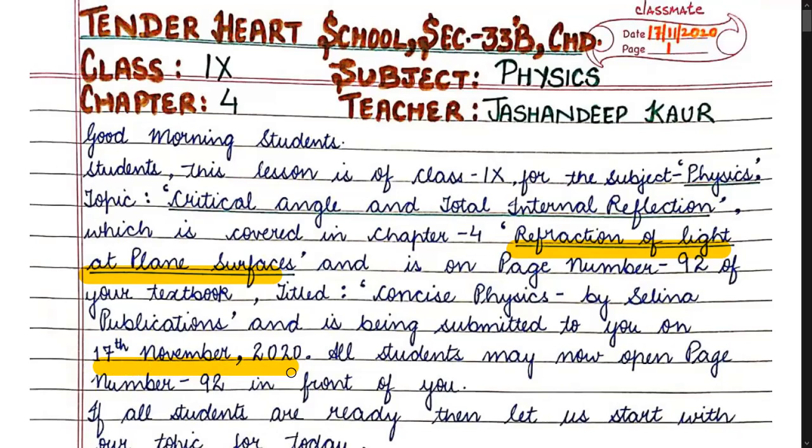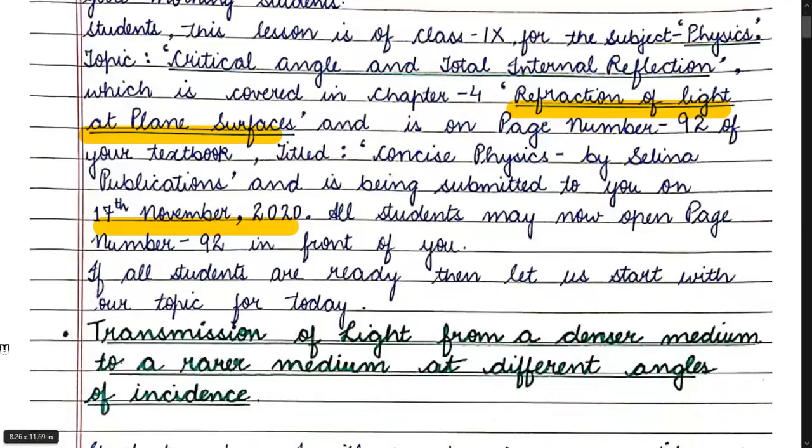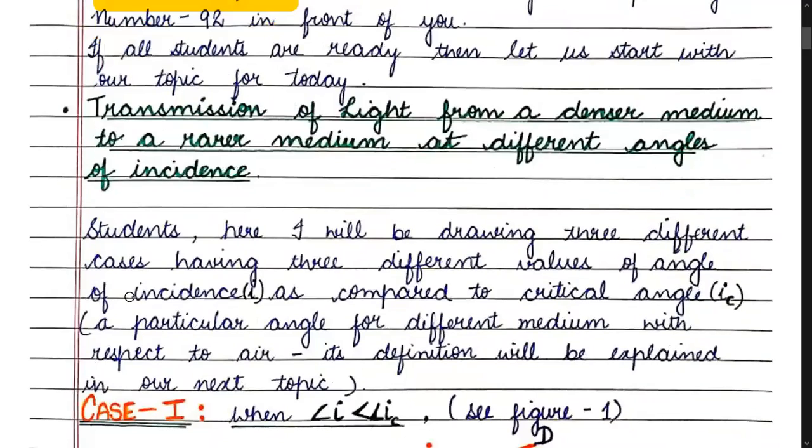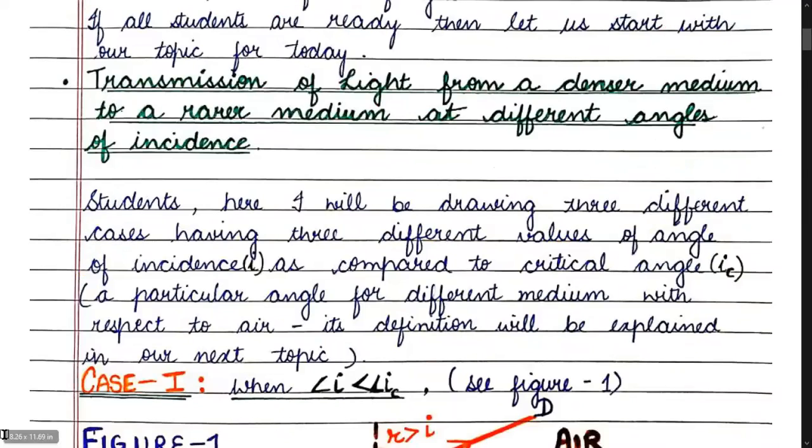All students may now open page number 92 in front of you. If all students are ready, then let us start with our topic for today, that is transmission of light from a denser medium to a rarer medium at different angles of incidence.